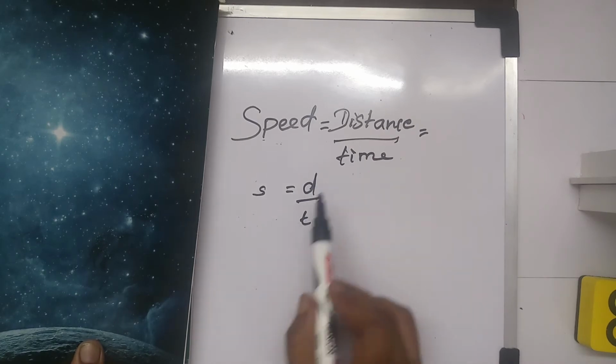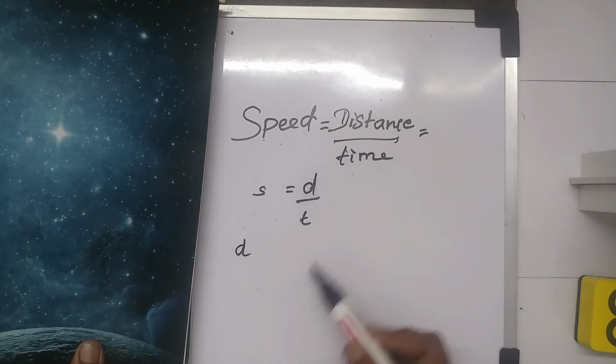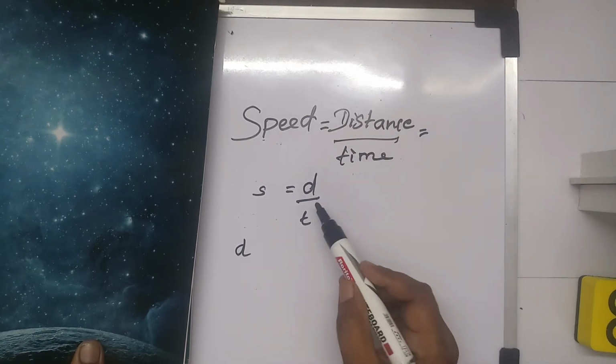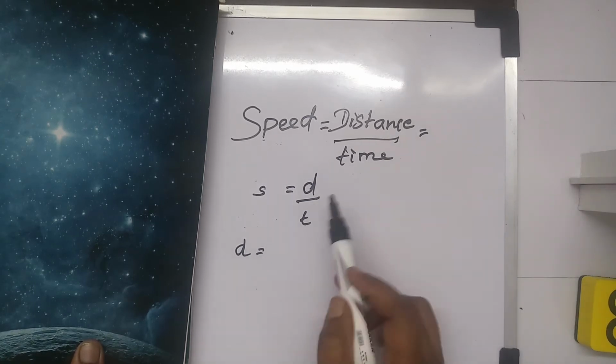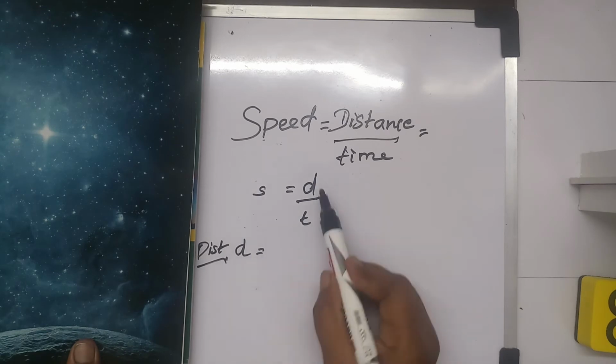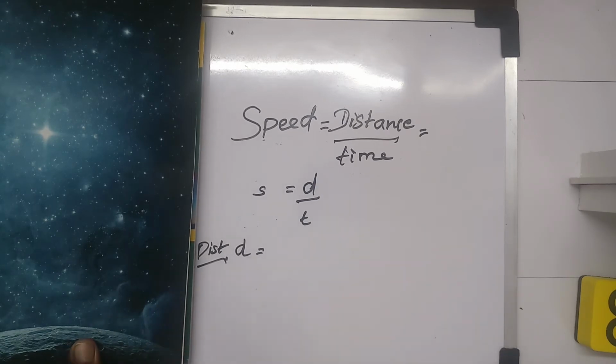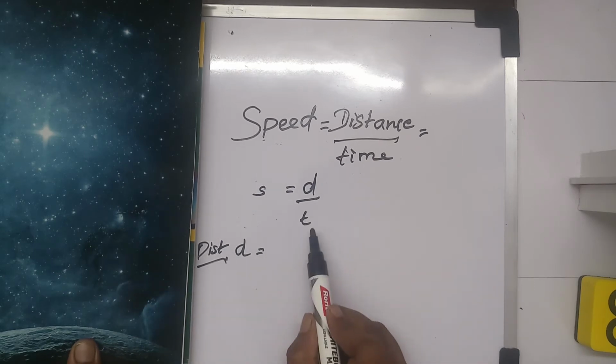Now supposing you want to calculate D. Now I am asking you to calculate D. What is D? D is distance. If I ask you to calculate the distance, keep D on one side and bring time to the other side. So what will happen? D is equal to, here T is down.